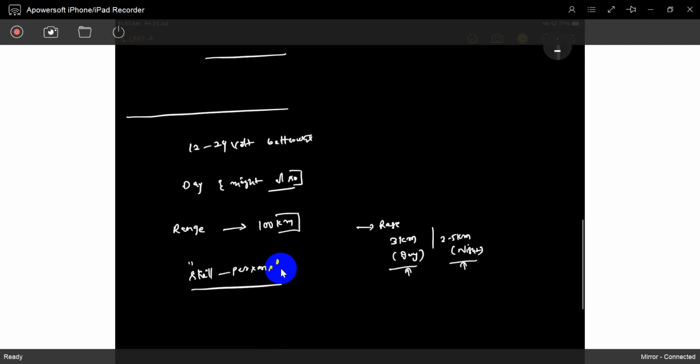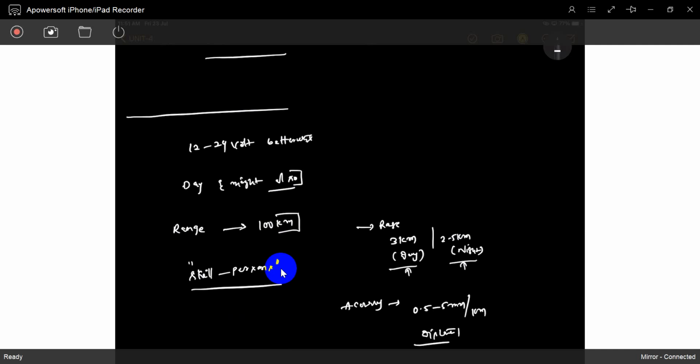So accuracy, if you see, is 0.5 to 5 mm per kilometer. If you measure a distance of 1 kilometer, there will be a 0.5 to 5 mm difference between the actual distance and the measured distance.